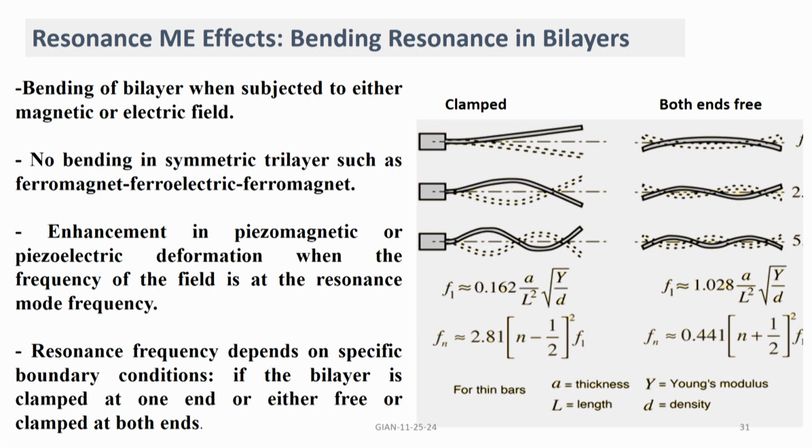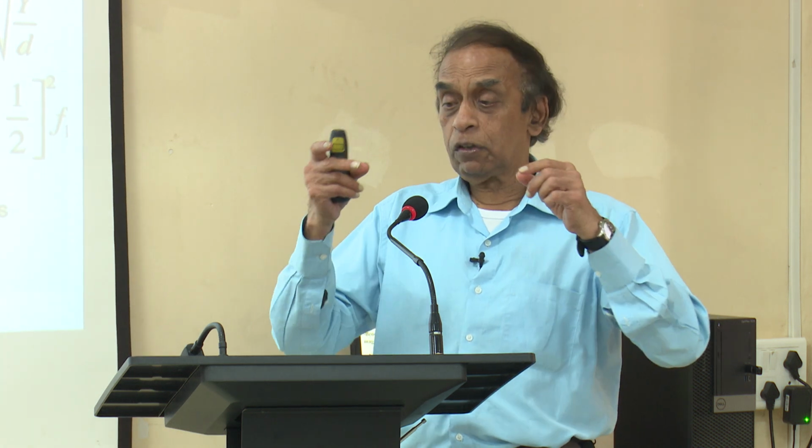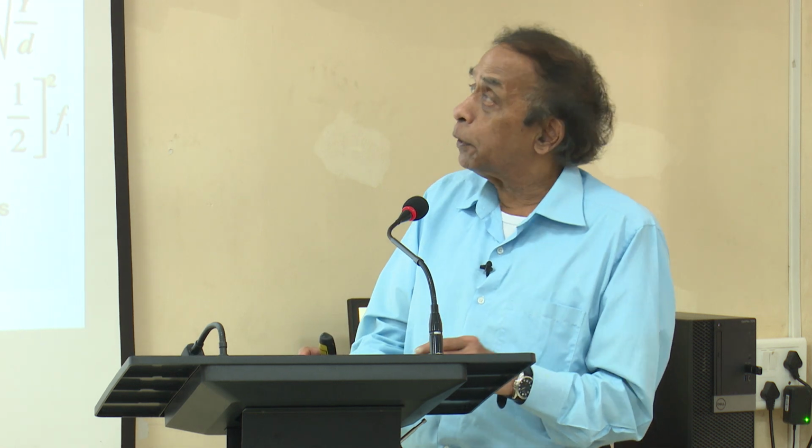In many of the PZT spec sheets, when you buy from the vendors, they will give you the frequency for the acoustic mode. If it is a circular one, they will give you the radial frequency, and if it is a long platelet, you would know that one too, for both length and the width and the thickness. So you can easily calculate where the resonance is going to be.